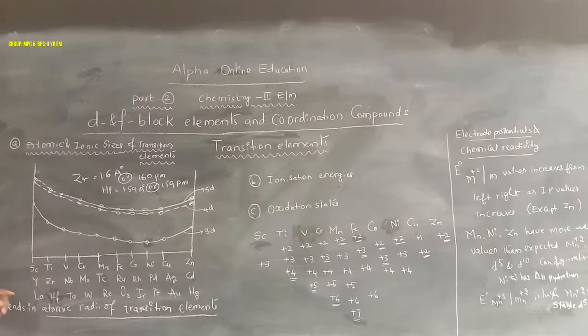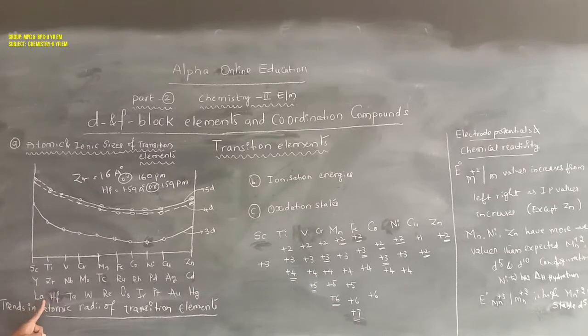After filling of the 4f orbitals, the 72nd electron enters the n-1 d orbitals. That's why zirconium and hafnium have almost similar atomic sizes. This is because of lanthanide contraction.